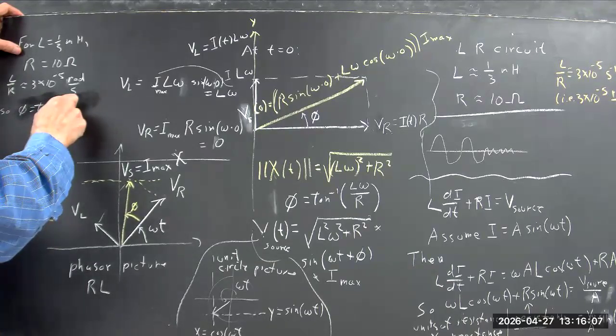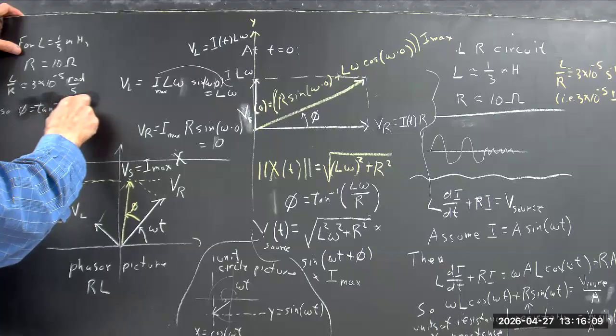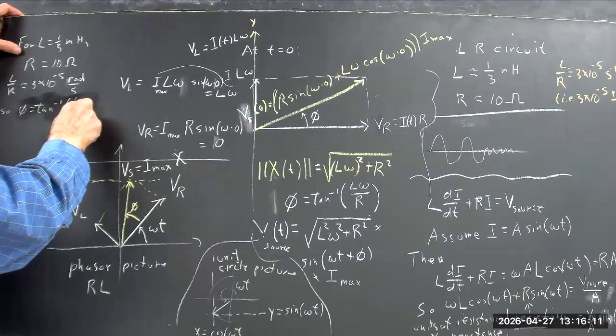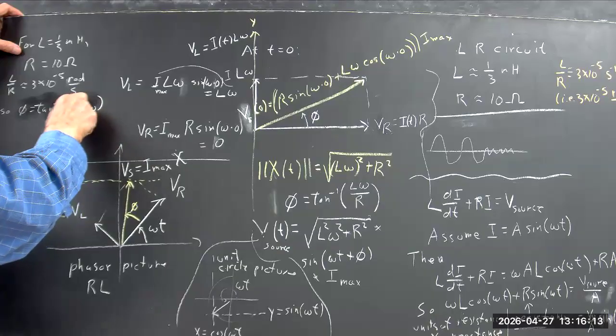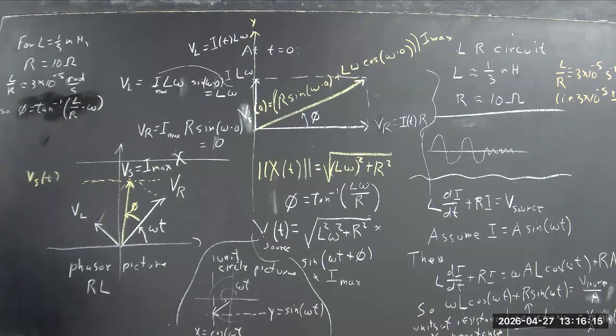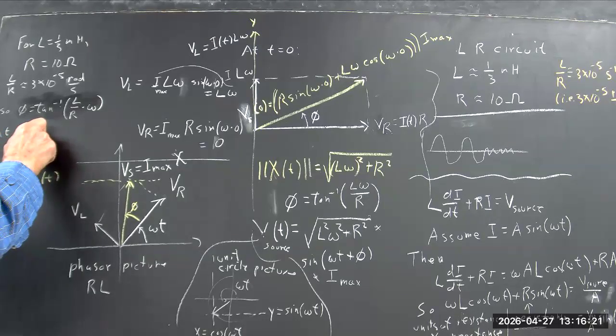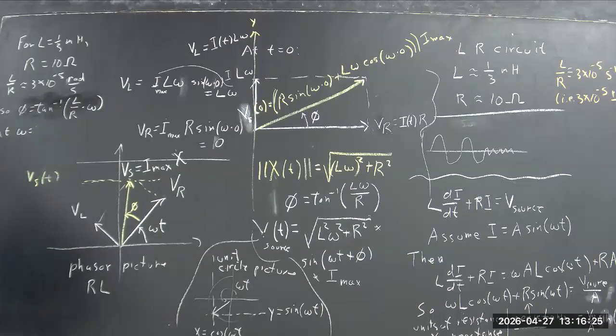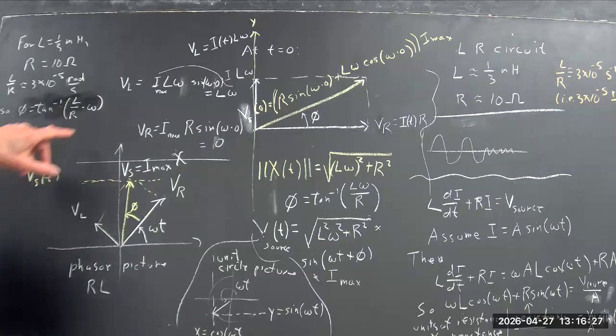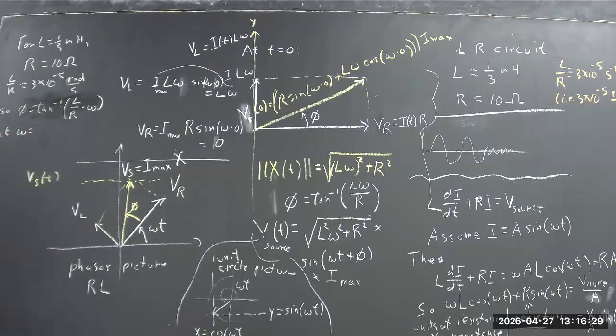Find the inverse tangent of L over R times omega. Omega corresponding to, let's say, 20 cycles per second is 60 pi radians per second, right?